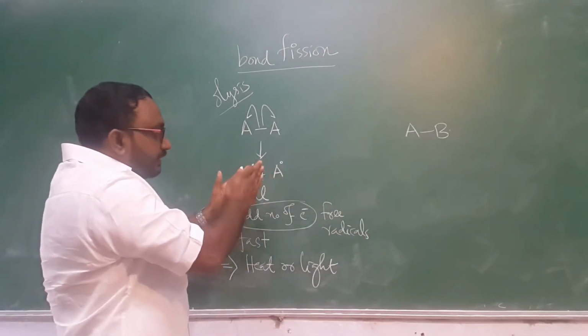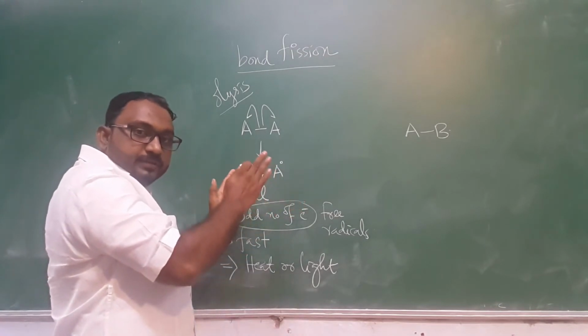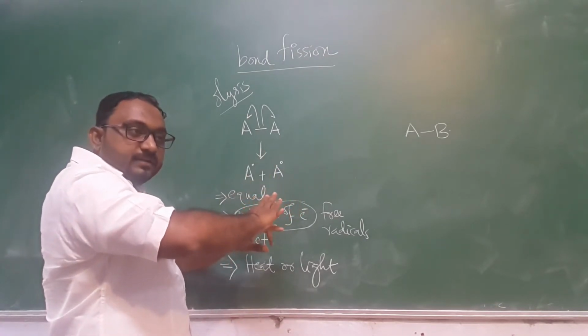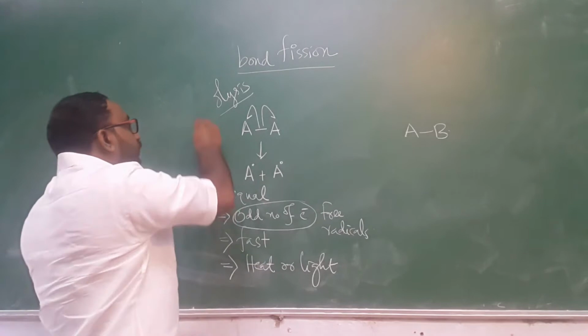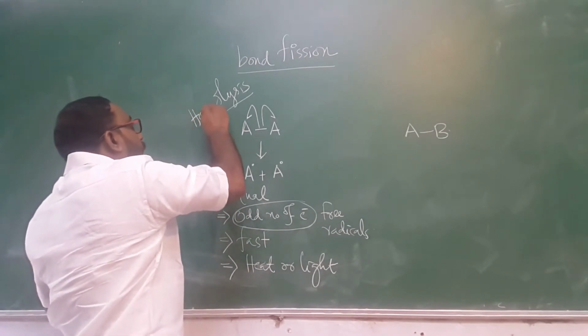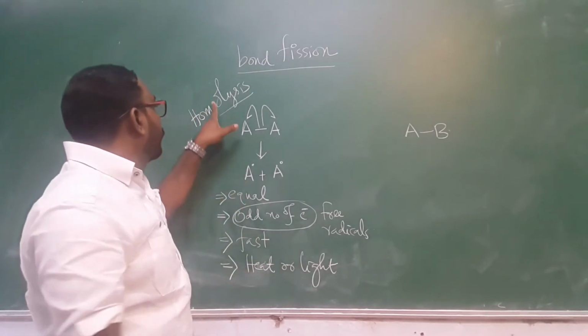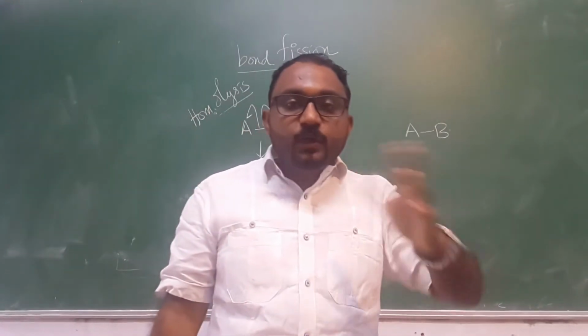When the electrons are distributed equally during the breakage of the bond, this is called homolysis. Homolysis means the equal distribution of electrons happened.